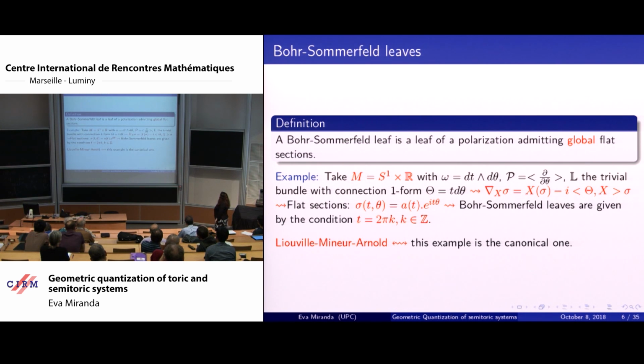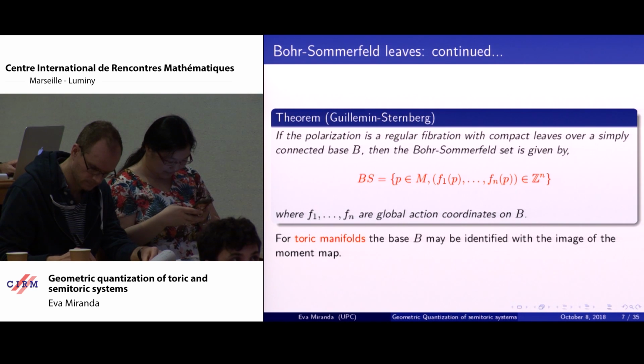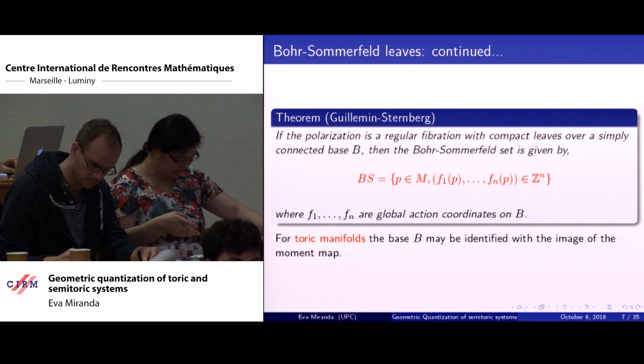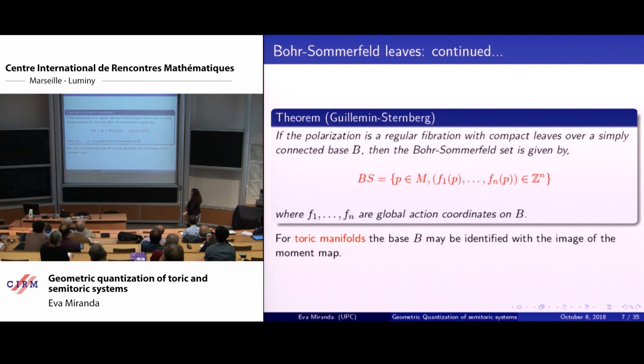So if I consider an integrable system, and I consider a regular leaf, then this example is canonical in the sense that in general I'm going to have the same situation in higher dimension, a similar computation. What do I get in the general case is a theorem by Guillemin and Sternberg, which tells me that if the polarization is a regular fibration, which in a way I can think is semi-locally equivalent to having a regular integrable system, then I have a regular fibration with compact fibers over a simply connected base, okay?